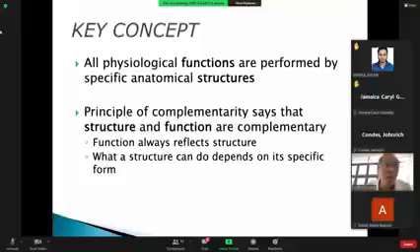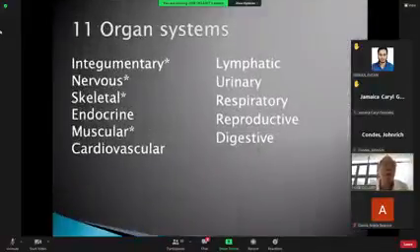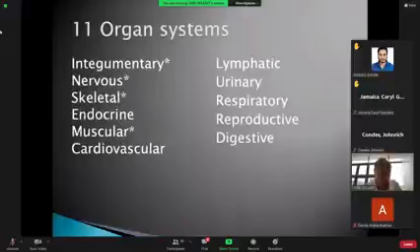Function always refers to structure, and structure also refers to function. What a structure can do depends on its specific form, and that specific structure reveals a specific function. Okay? So we have 11 organ systems in our body.